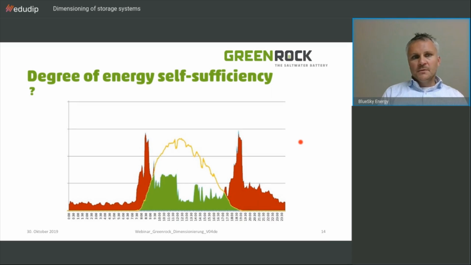And the self-sufficiency or autarky, it's basically the red part. That's the stuff that needs to be sourced from the grid and not part of the autarky topic. Of course, it's always then the green part, which is the stuff which is self-consumed in relation to the part which has to be obtained or purchased from the grid.